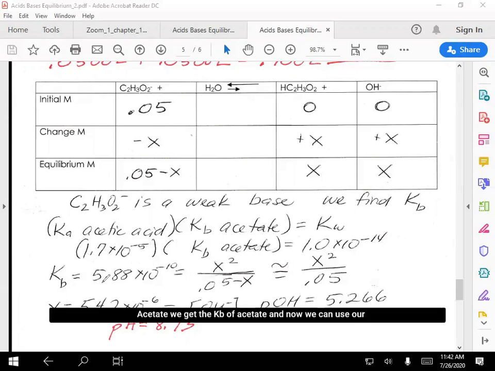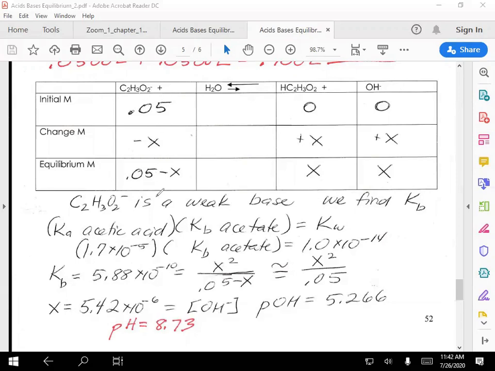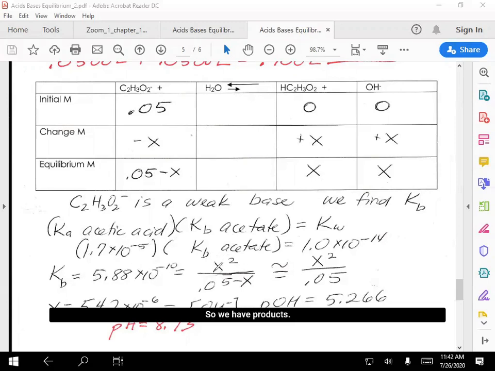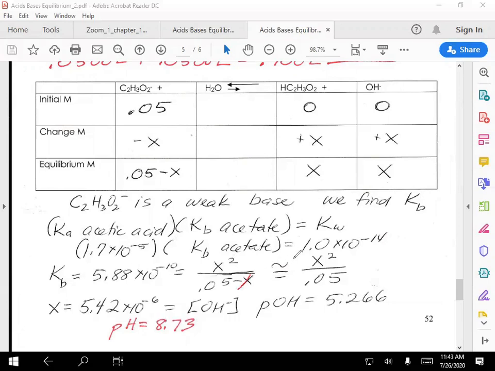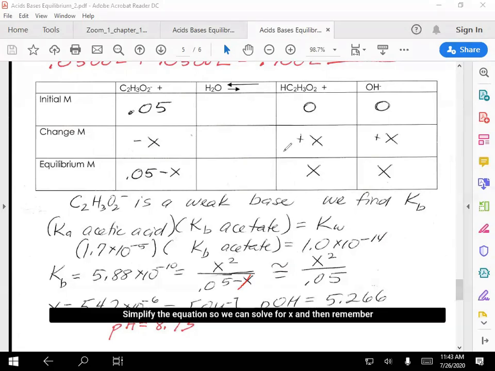We get the Kb of acetate, and now we can use our ice table. So we have products over reactants. We're going to assume this X is small and make an approximation, simplify the equation. So we can solve for X.